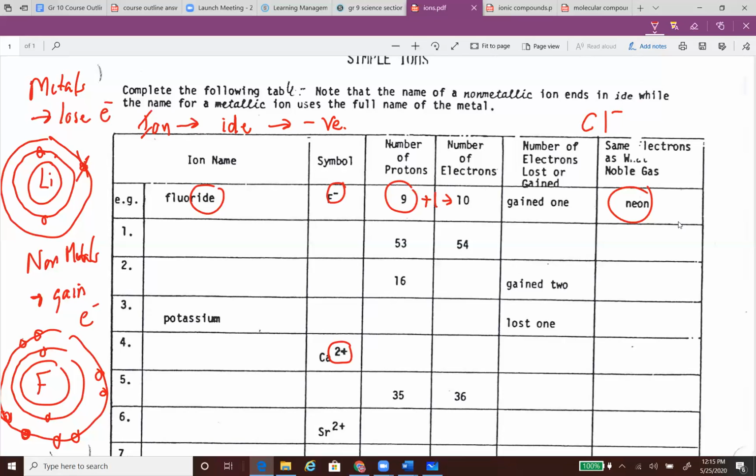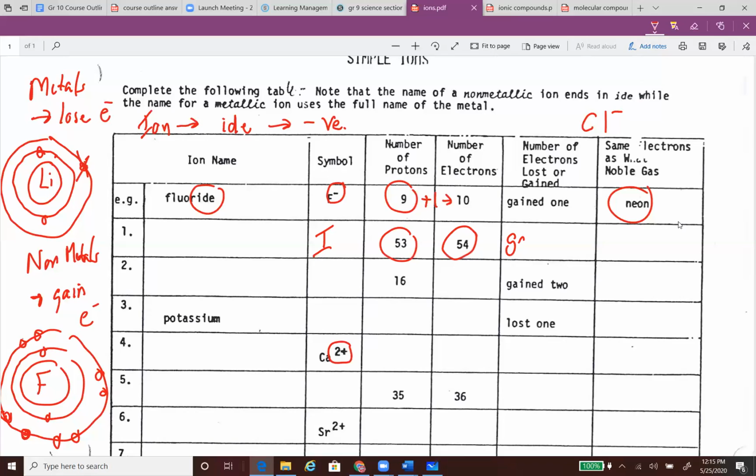The next example is element number 53. I'm saying it's iodine. Let me just double check. Yeah, it's iodine. So element number 53, iodine. Its symbol is I. That's the symbol for iodine. Now, it has 53 protons, so normally it would have 53 electrons, but you can see that it actually has 54.